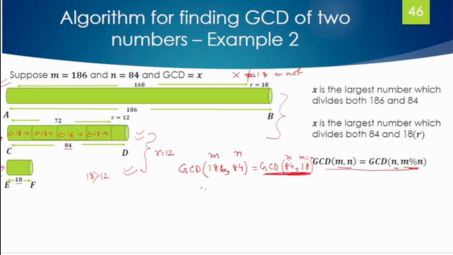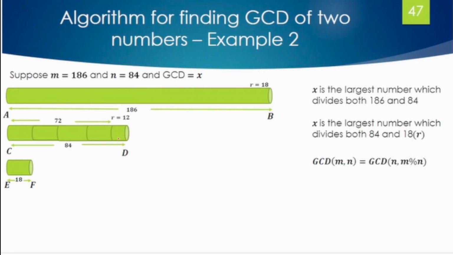So we cut that remainder and we say that now x is the largest number which can divide these two. So x is basically the GCD of EF and the shorter length GH as well. So now the problem has become smaller, and we need to find the GCD of these two numbers.